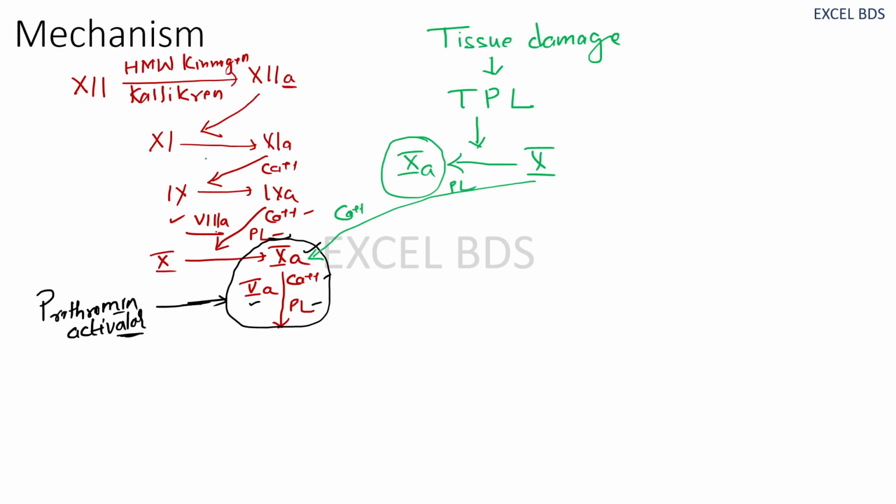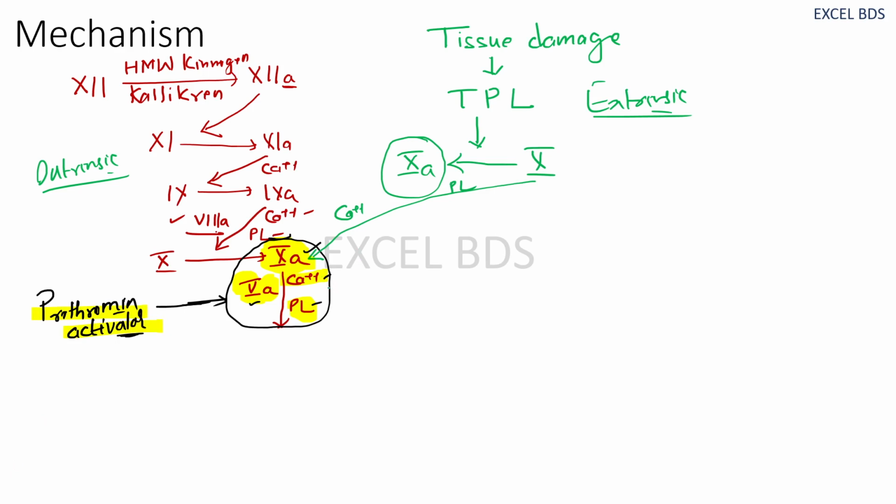So what has happened is both the intrinsic pathway as well as the extrinsic pathway are converging on one common factor. Now what is that common factor? That common factor is activation of factor 10, and activated factor 10, activated factor 5, calcium and phospholipid together are called the prothrombin activator.